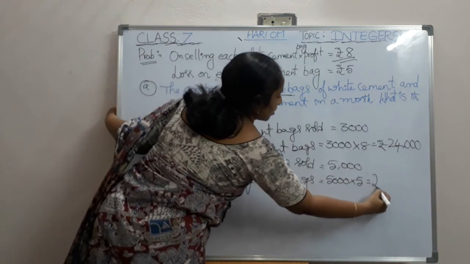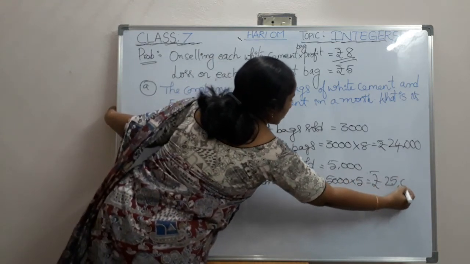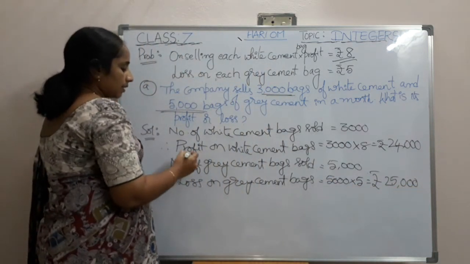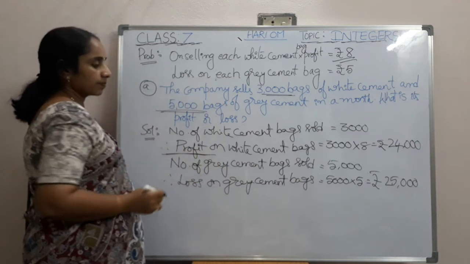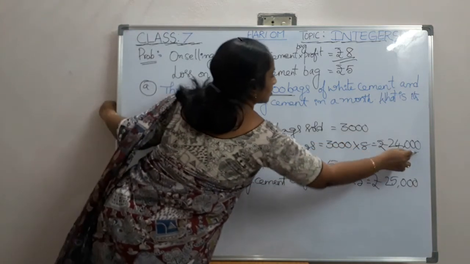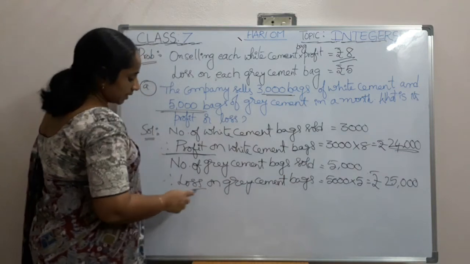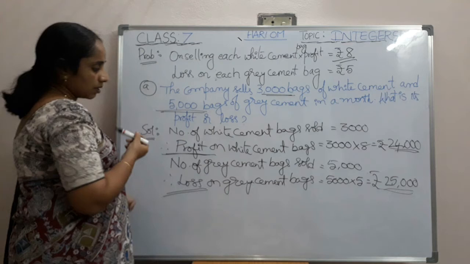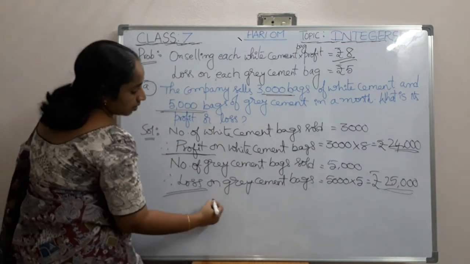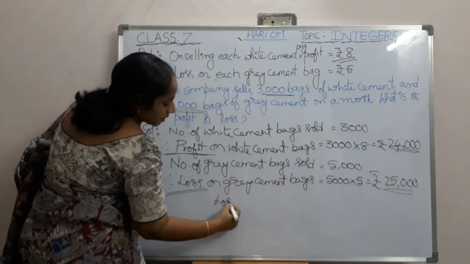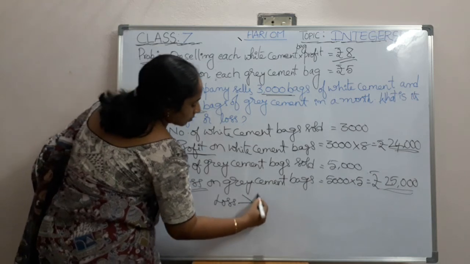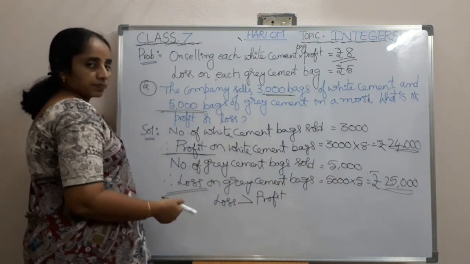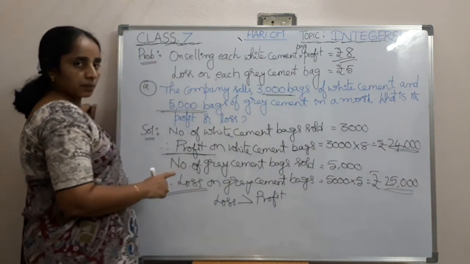It is rupees 25,000. Here see that this is profit and here it is loss. So from these two, loss is greater than profit. Hence it is a loss only, no?